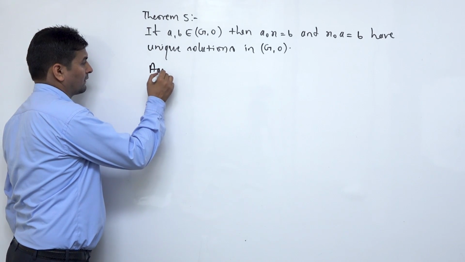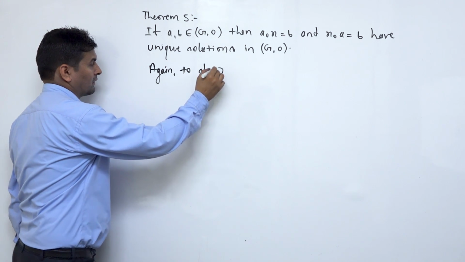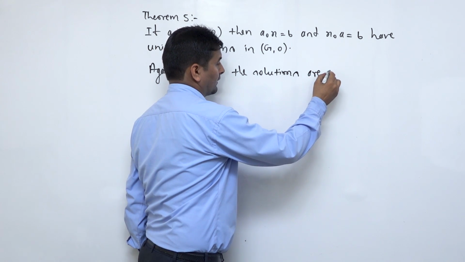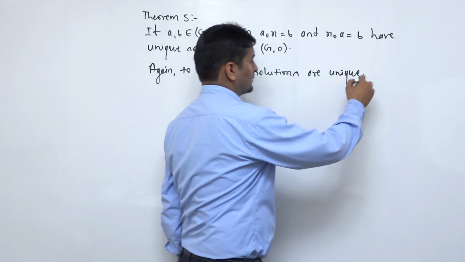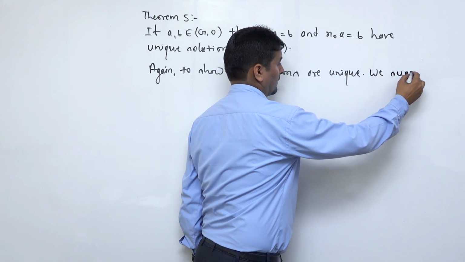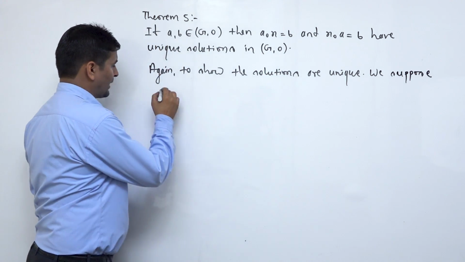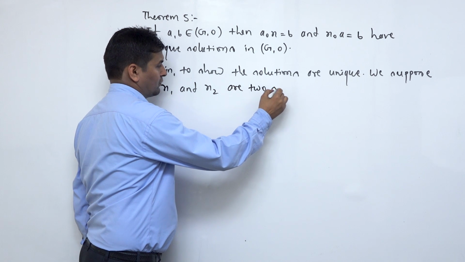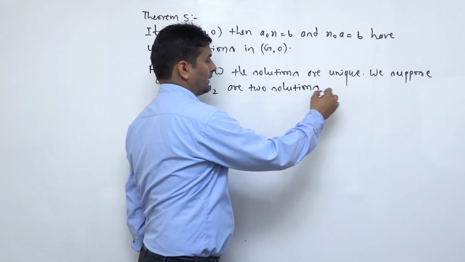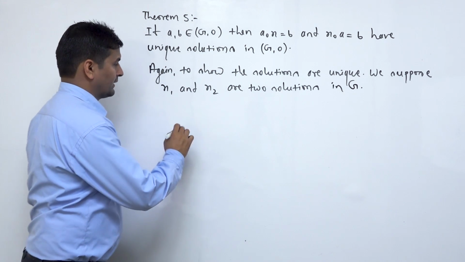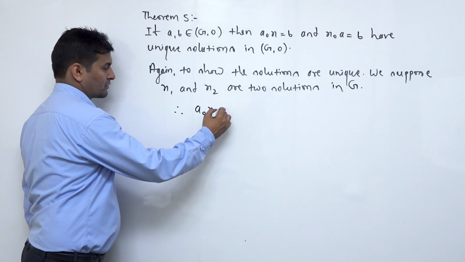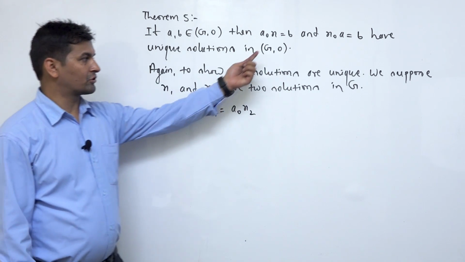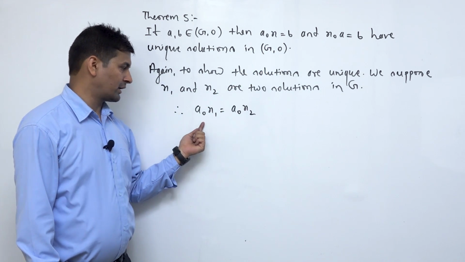Again, to show the solutions are unique, we suppose x1 and x2 are two solutions in G. Therefore, what we can write is a not x1 equals a not x2, because a not x1 equals b and a not x2 also equals b.